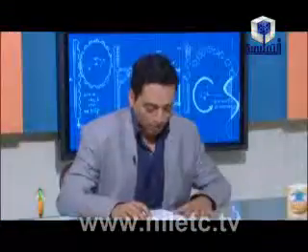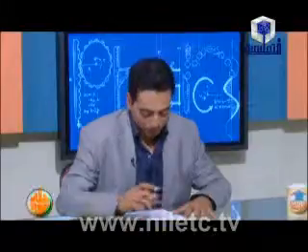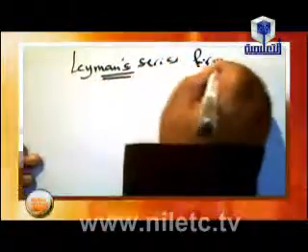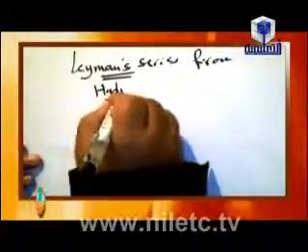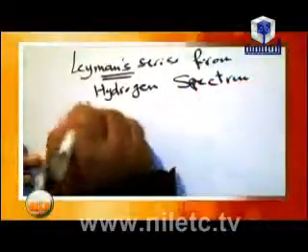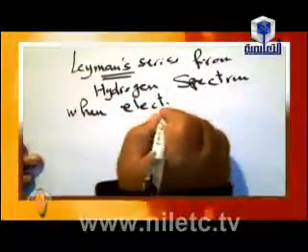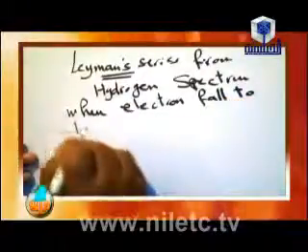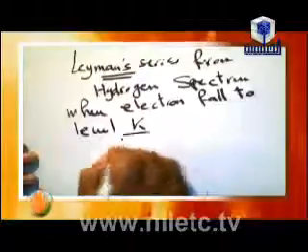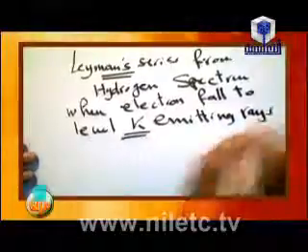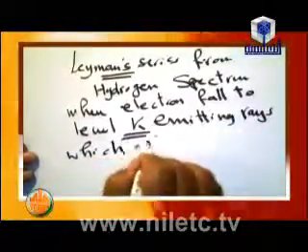How about the characteristics of the Lyman series? Lyman series, from the hydrogen spectrum, when electrons fall to level K, emitting rays which are ultraviolet.